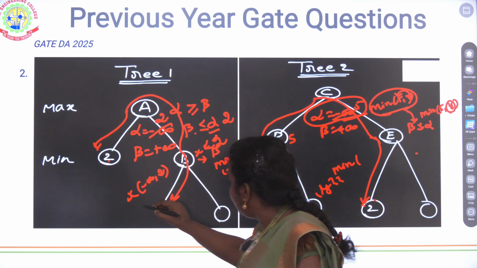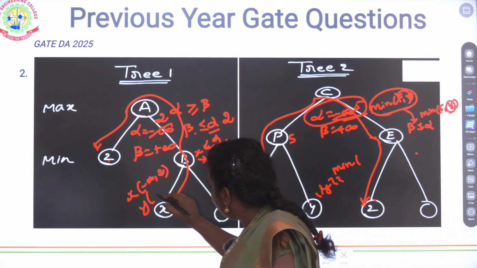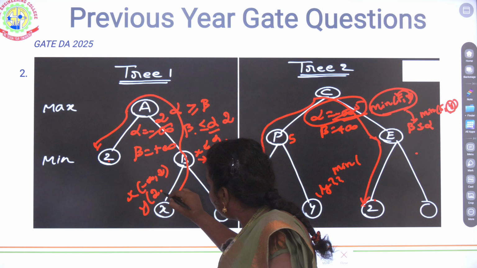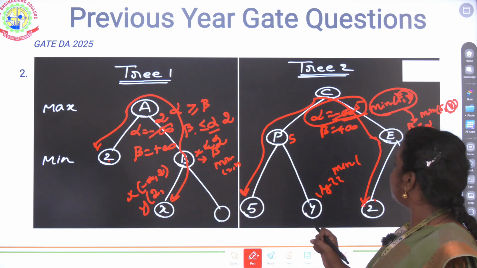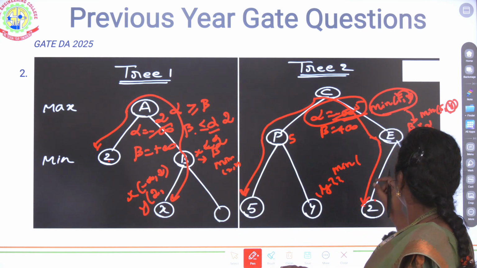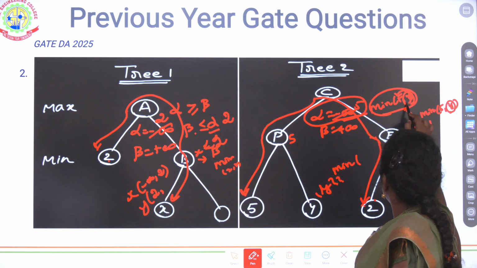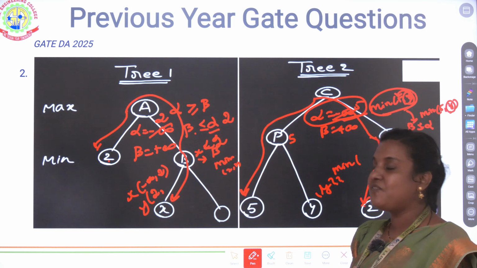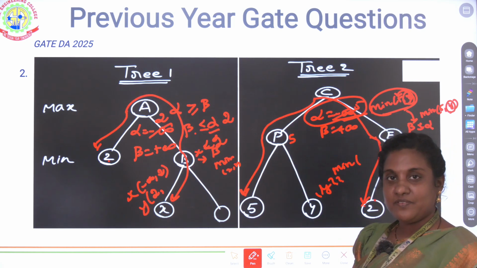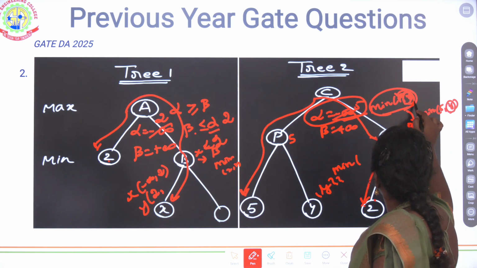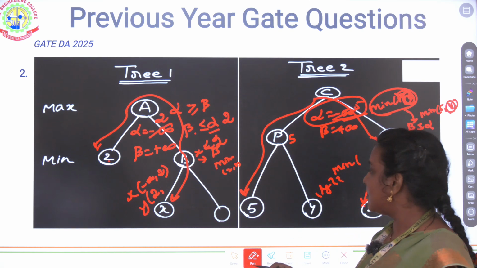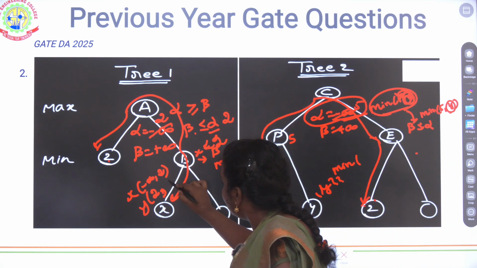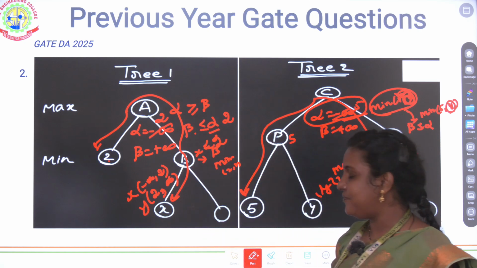So the y value can be anything between 2 and infinity.